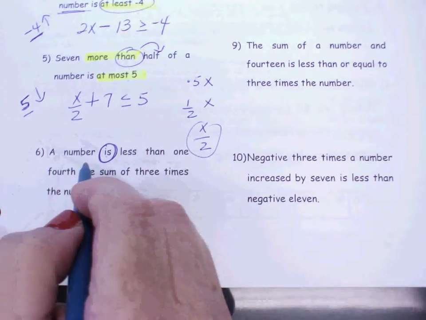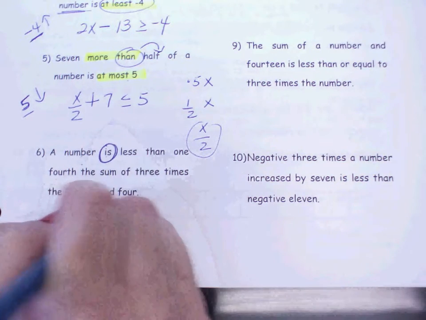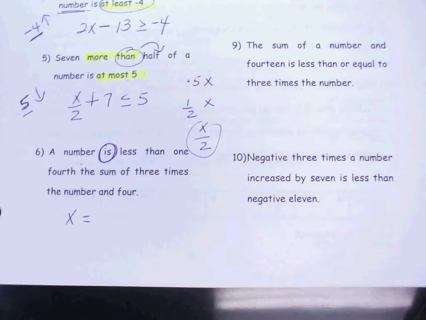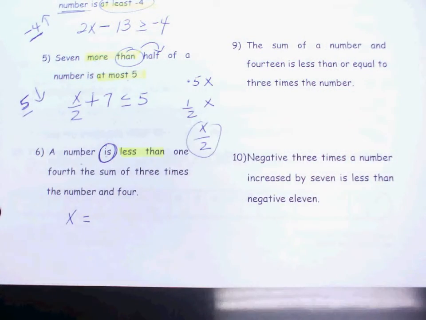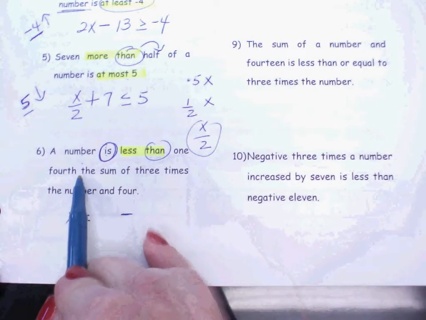How do you know? There's your equal sign, right? Where's your number? You don't know the number, but you know that it's x. And the word is right beside it, so I'm going to go ahead and put an equal sign. All right, that's my backward word.